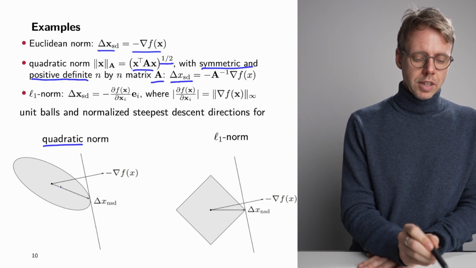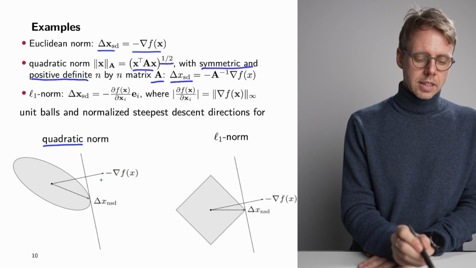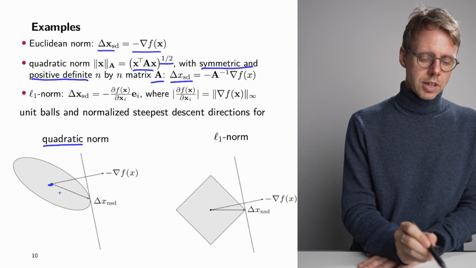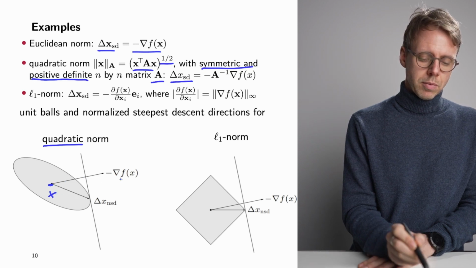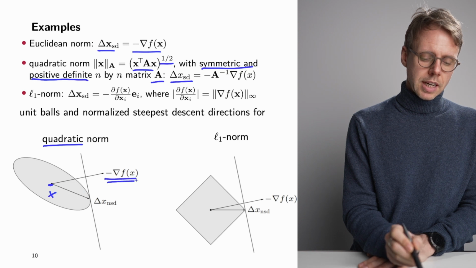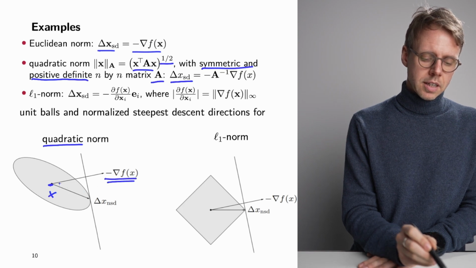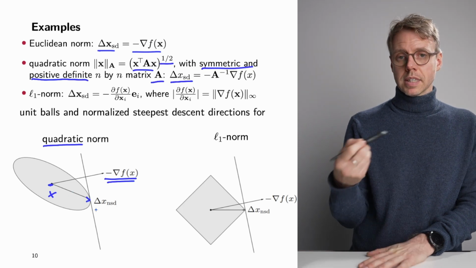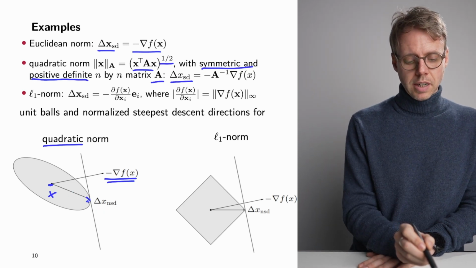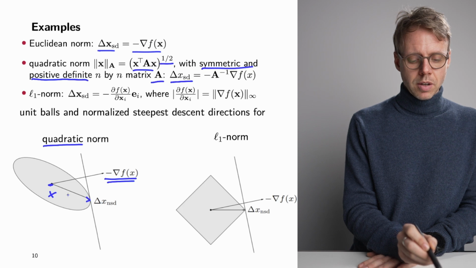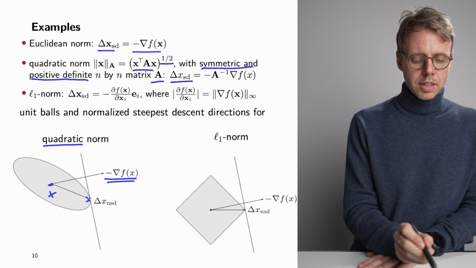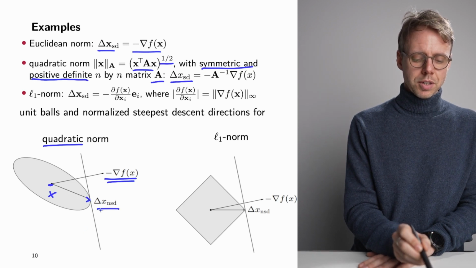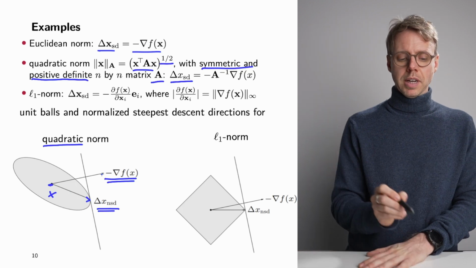And if we look at our function here and compute the negative gradient, then the non-normalized steepest descent direction for this particular norm would point in this direction here. So it would not align anymore with the gradient.